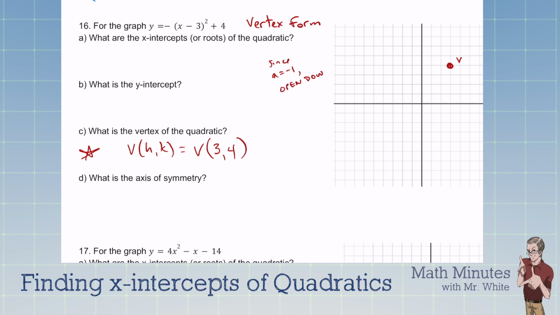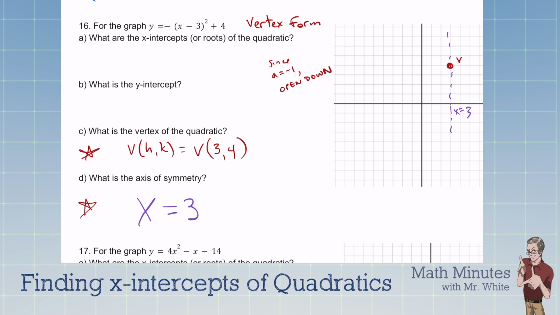That's just something you might want to note as you're doing this. The axis of symmetry would be easy to do now because the axis of symmetry goes right through the vertex. So where is that? That's at x equals 3. So it's the line x equals 3.